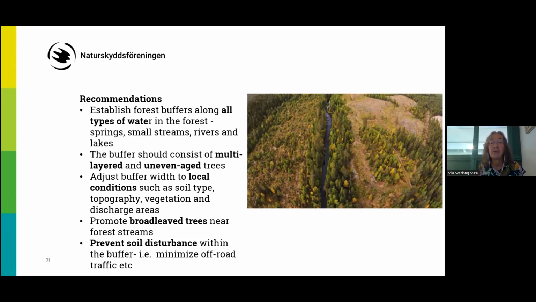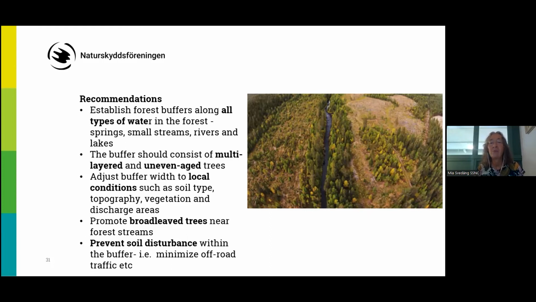And also, of course, the discharge area around. And to promote broadleaf trees near forest streams is really good, instead of having firs and spruce and so on, because broadleaf trees are better for the soil actually, and they also provide much more organic food for animals, small animals and insects and so on living in the streams.